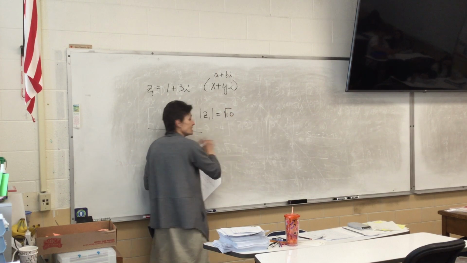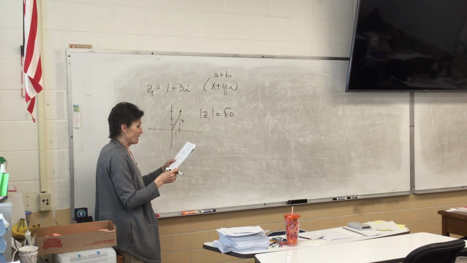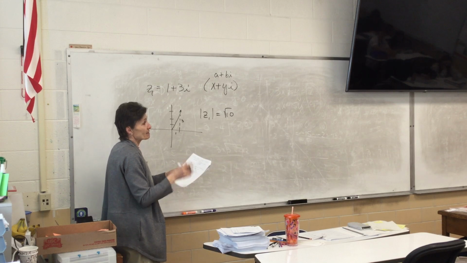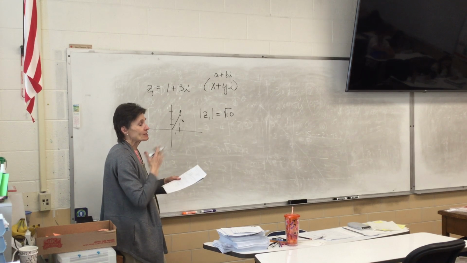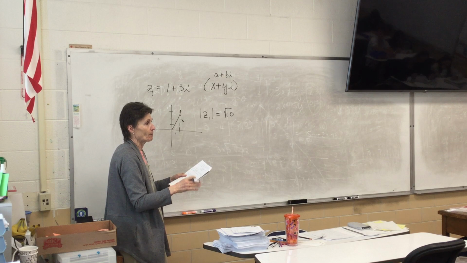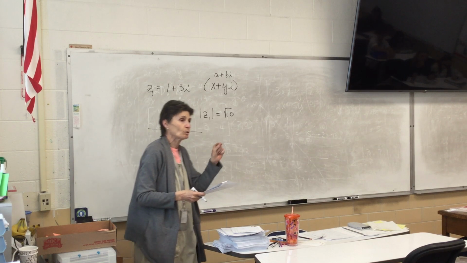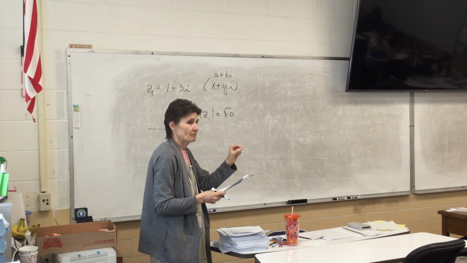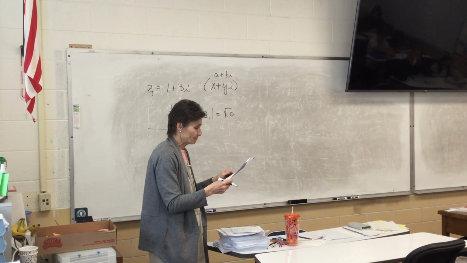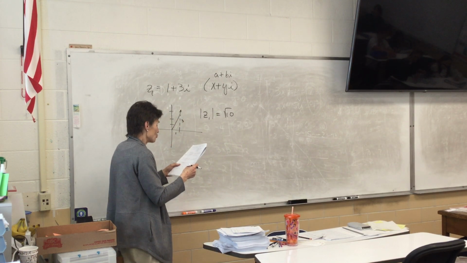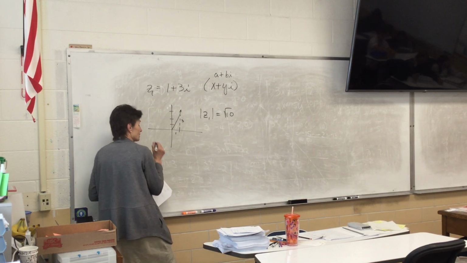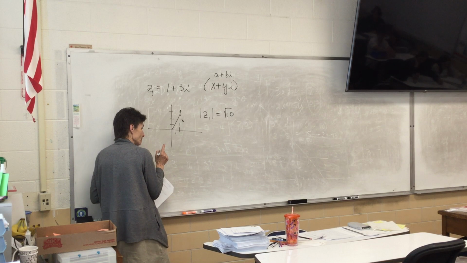Square root of 10. Easy, easy, easy. And sometimes that, I call it magnitude, sometimes it's called the modulus of the number. So if you hear the word modulus, it means the length, the absolute value of the number, the magnitude of the number. Now, trigonometric or polar form, those two words mean the same.